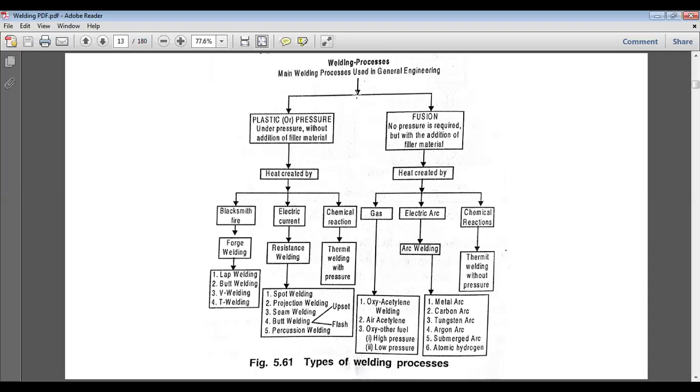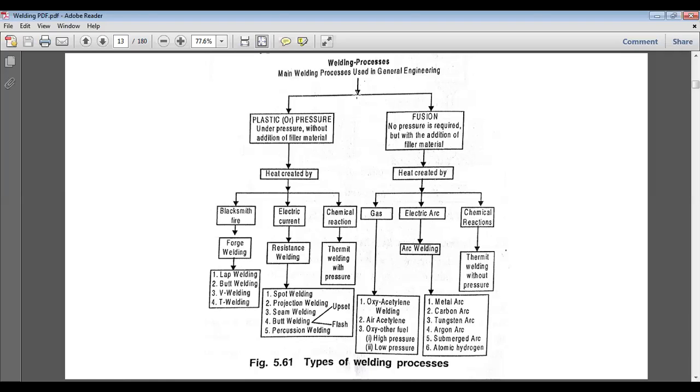So we have different types of heat if we see in plastic or pressure welding, and in fusion welding. When pressure is required, as in plastic welding, we need lesser heat as compared to fusion welding, because in fusion welding there is no pressure, so high heat is required.